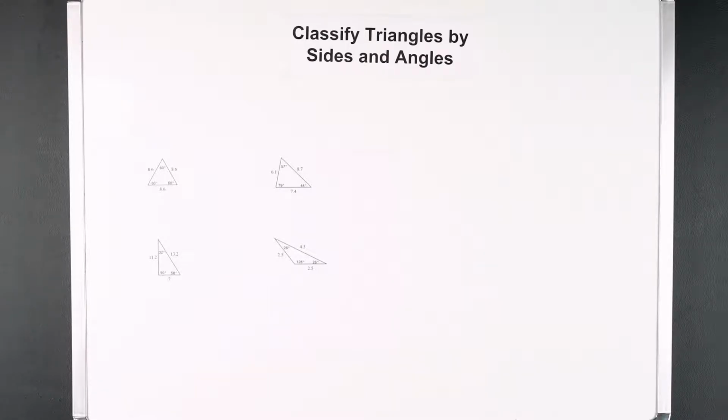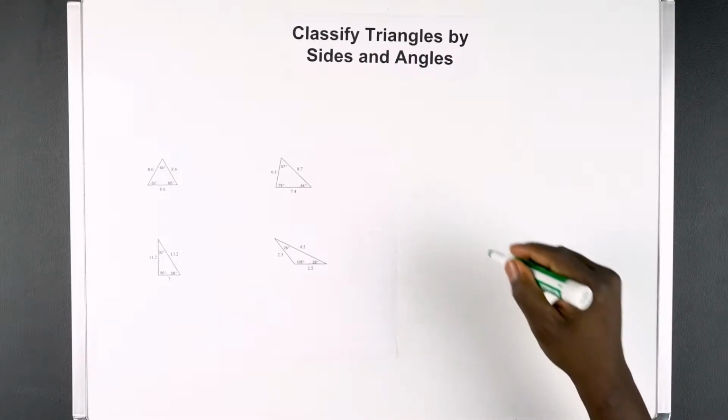Then you have an obtuse triangle when one angle measure is between 90 degrees and 180 degrees. So let's go ahead and get started in classifying the triangles first by sides.